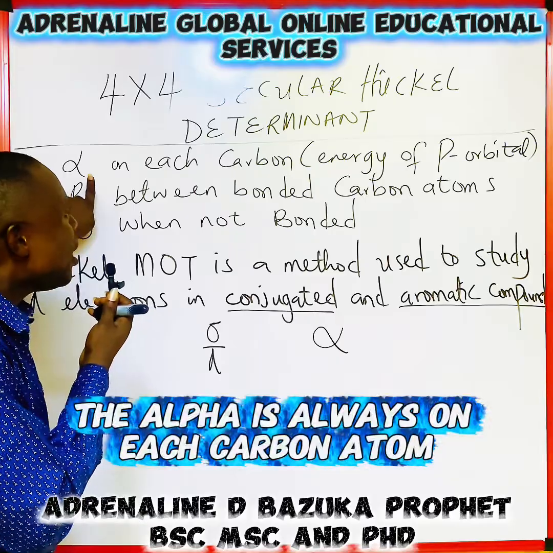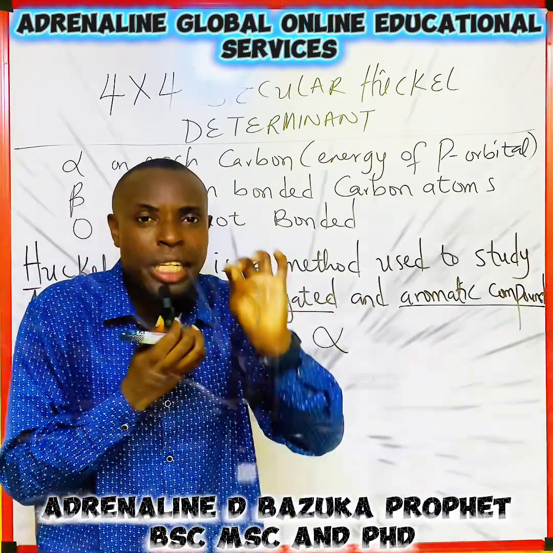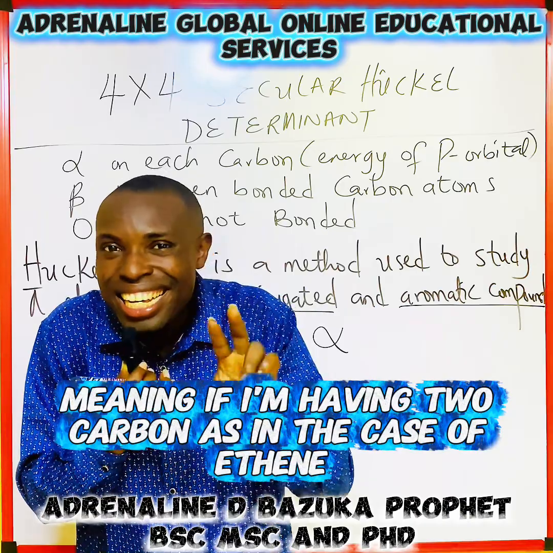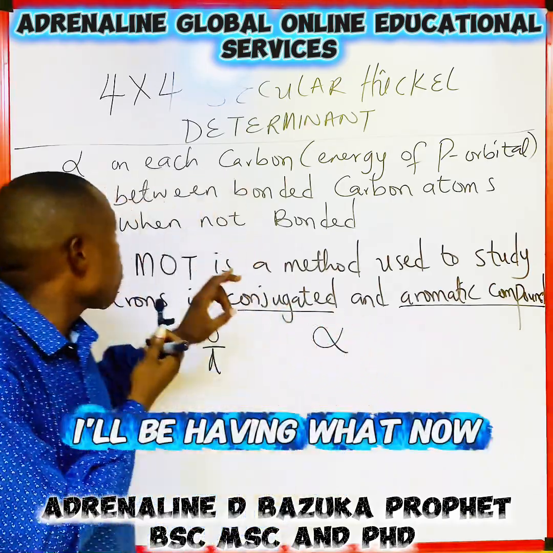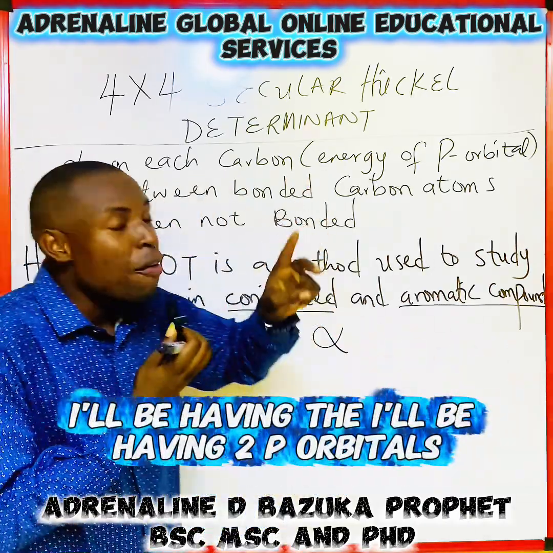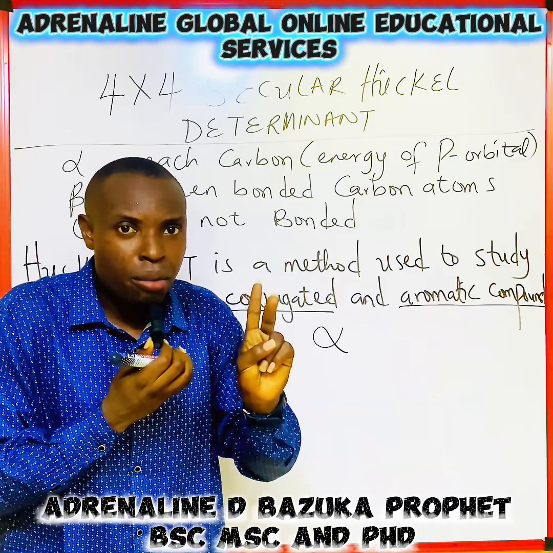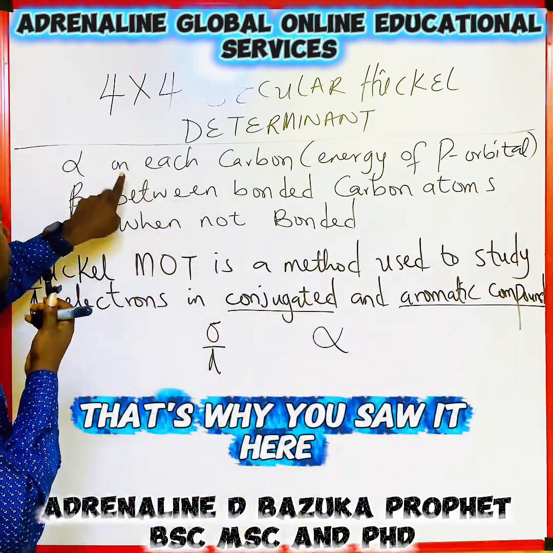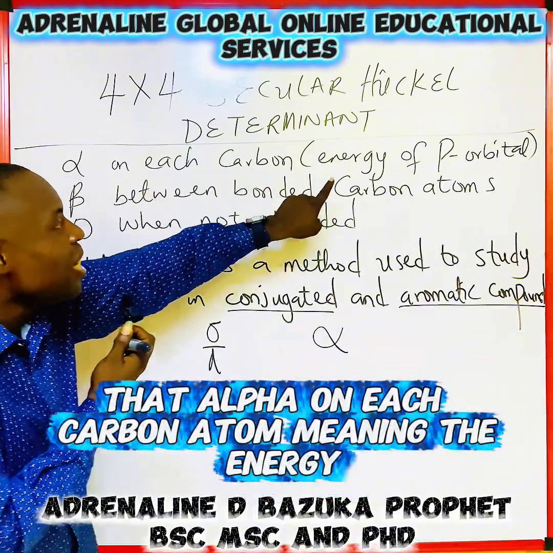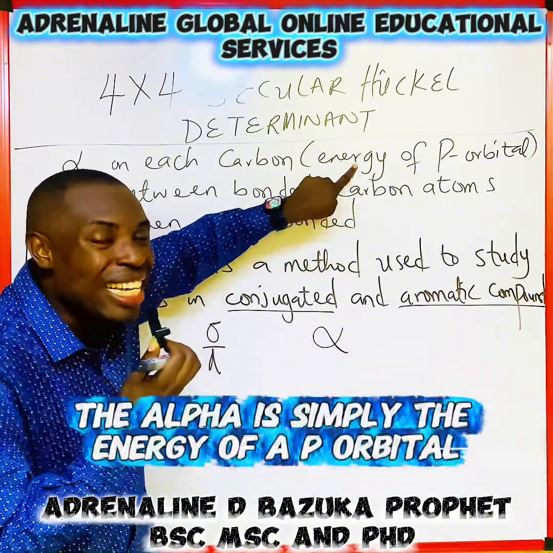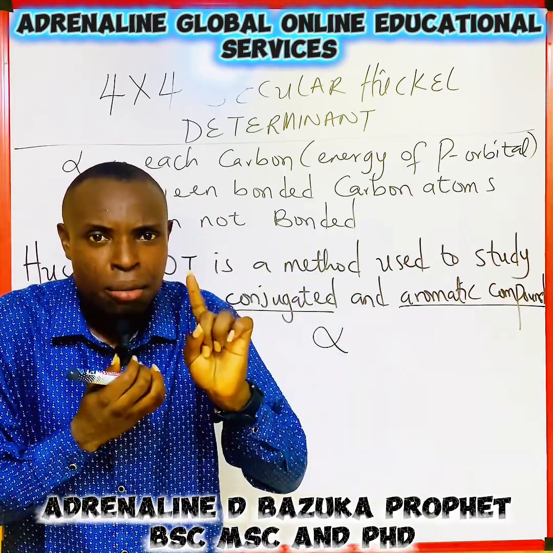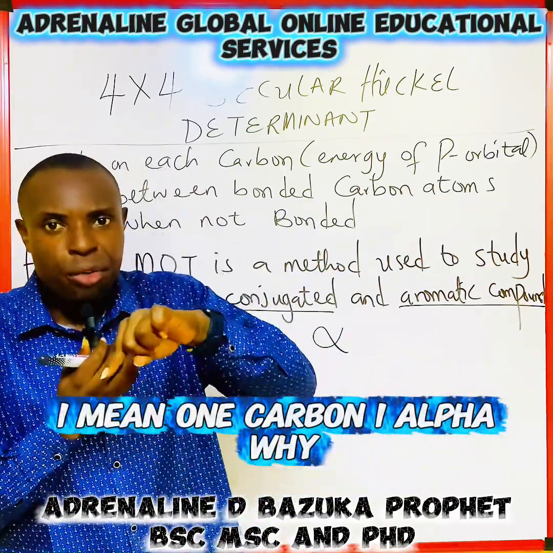The alpha is always on each carbon atom, meaning if I'm having 2 carbons, as in the case of ethene, I'll be having 2 p orbitals, meaning there will be an alpha on each of the carbons. The alpha is simply the energy of a p orbital, meaning 1 carbon, 1 alpha.